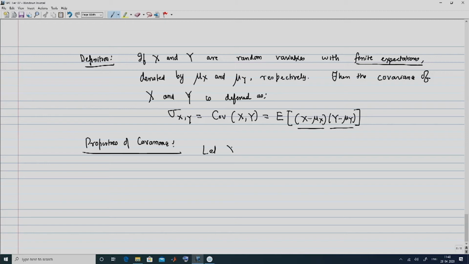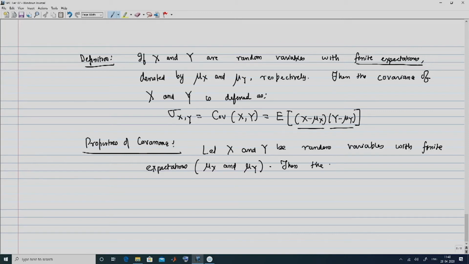So, let x and y be random variables with finite expectations as before, and naturally we will denote them by mu x and mu y. Then the following properties hold.